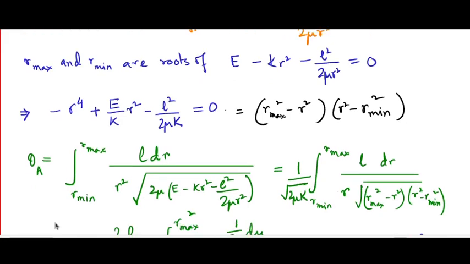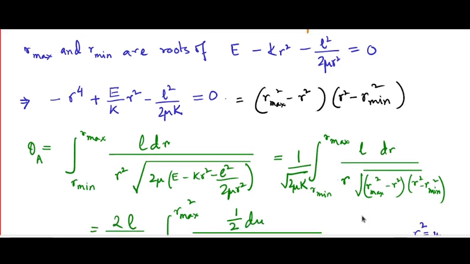So now the integral that you need to do, which looks quite different from the integral that we had, ultimately, after you take out twice mu k from here, simply becomes L over root over 2 mu k, integral from r min to r max of dr over r, square root of (r max square minus r square) into (r square minus r min square). On the face of it, this looks different from what we had done before.